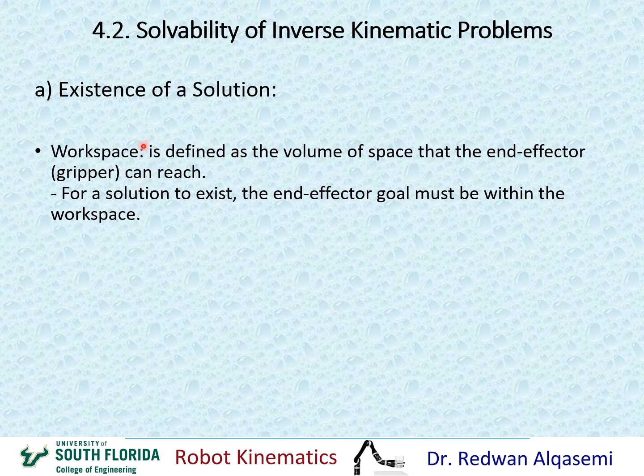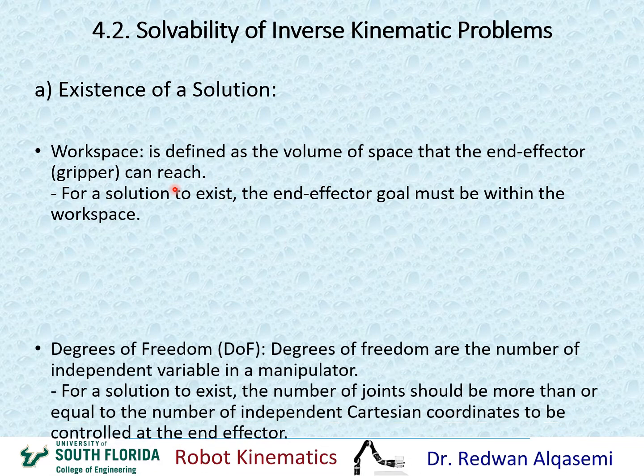The first thing is the workspace, which is defined as the volume of space that the end effector can reach. So if I demand the end effector to go to a point that's outside of its reach, there will be no solution to the inverse kinematics problem. So for a solution to exist, the end effector goal must be within the workspace. All right, so that's one condition that we should be fulfilling to find a solution.